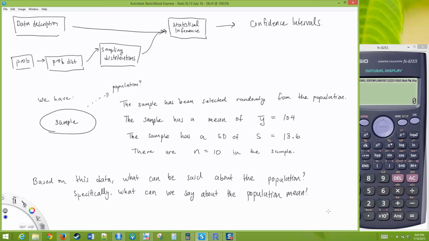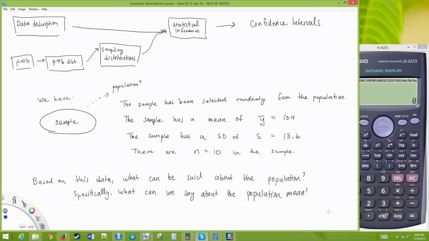We don't know the mean of the population. But from the central limit theorem, we know that the sample mean follows the normal distribution, and that normal distribution has a mean equal to the population mean. So from the central limit theorem, we know that y bar, the sample mean, behaves kind of like the dog.